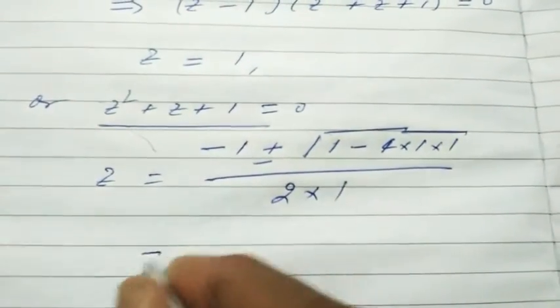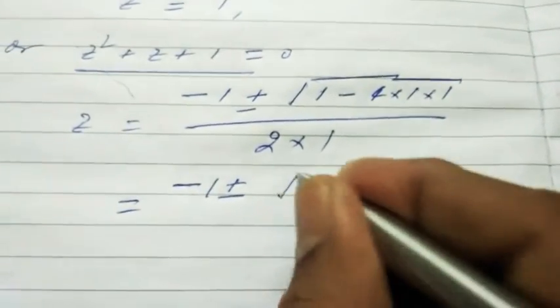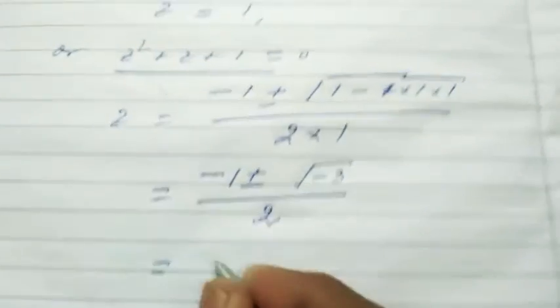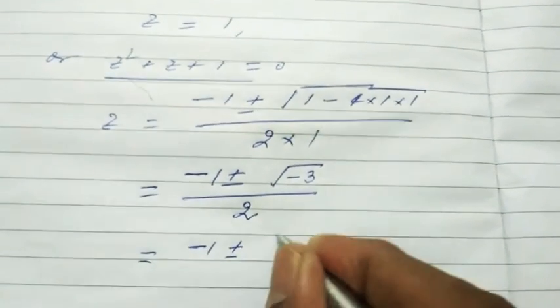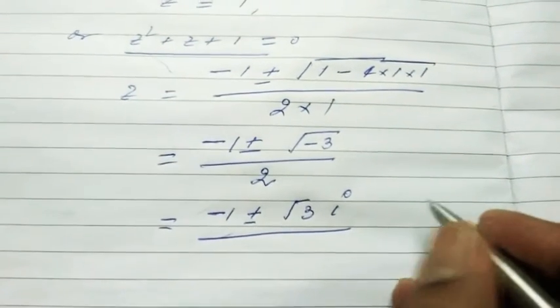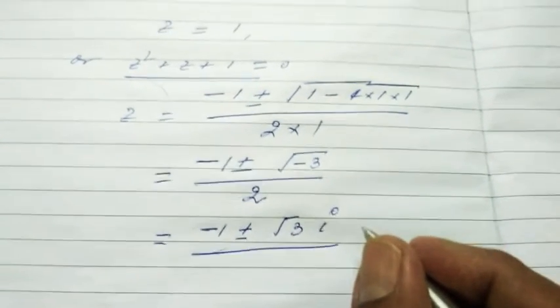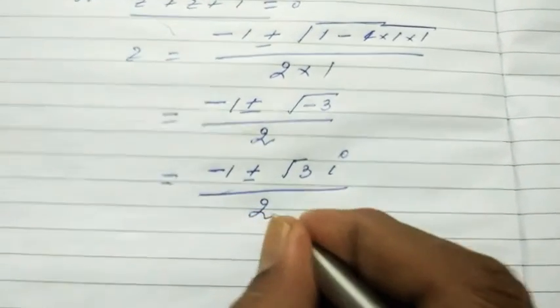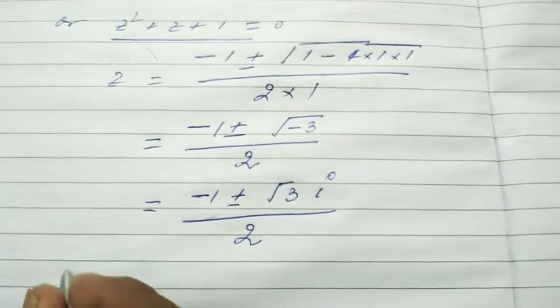So overall it will be minus 1 plus minus root under minus 3, upon 2. As earlier, root of minus 3 can be written as root of 3 into root of minus 1, and root of minus 1 is iota.